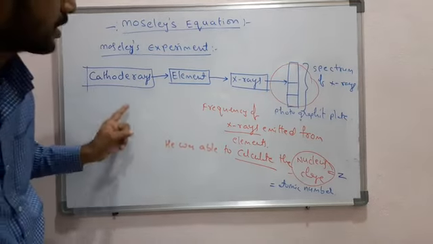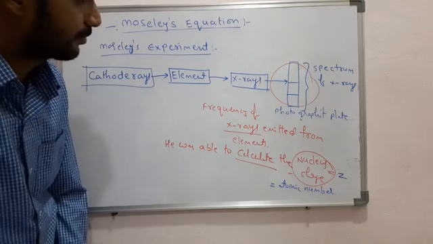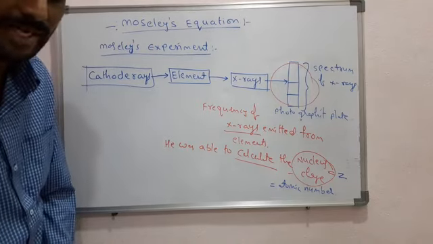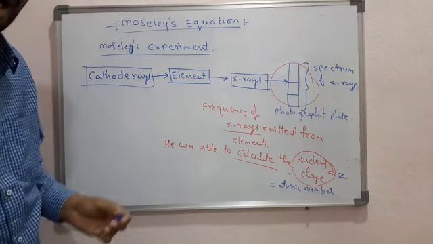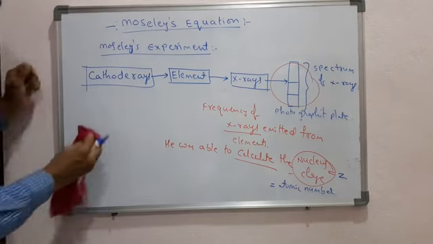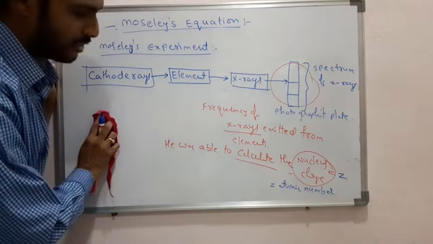So this was Moseley's experiment, and he also gave an equation to explain all these observations. It is called Moseley's equation.